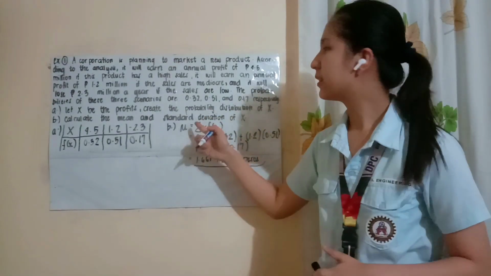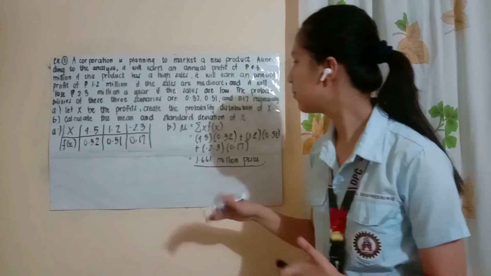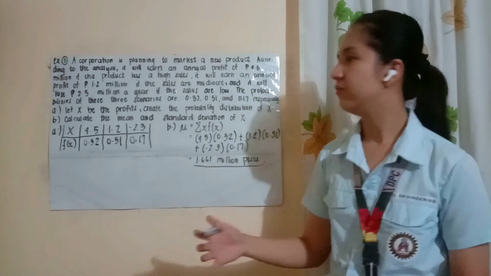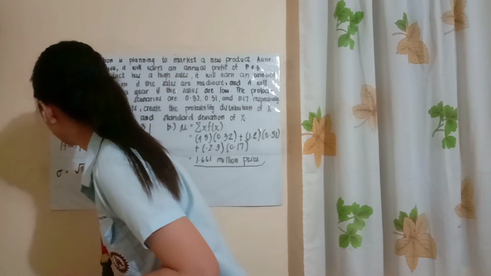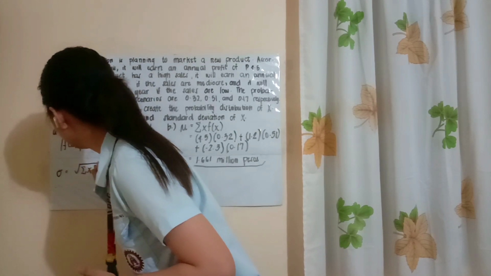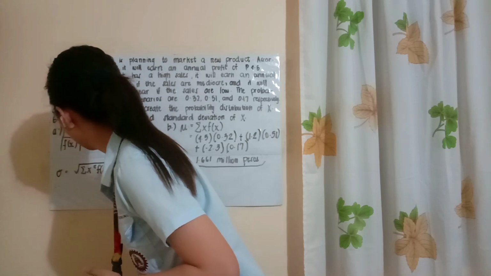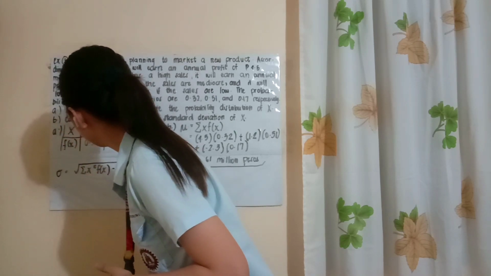Next, we will get the standard deviation. The formula for our standard deviation is sigma equals the square root of the summation of x squared times f of x, minus mu squared.